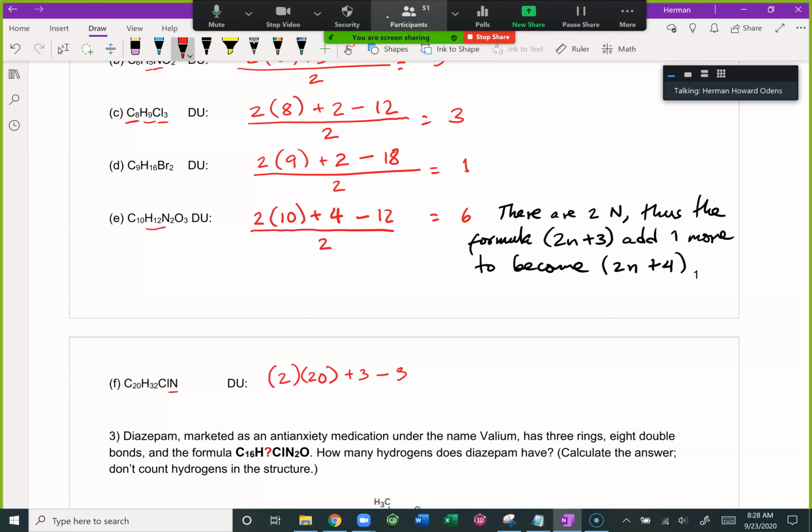So that's 33. Divide all that by 2, and let's see what we have. So we have 2 times 20 is 40, plus 3 is 43. 43 minus 33 is 10. 10 divided by 2 is 5. All right, so that will be that.